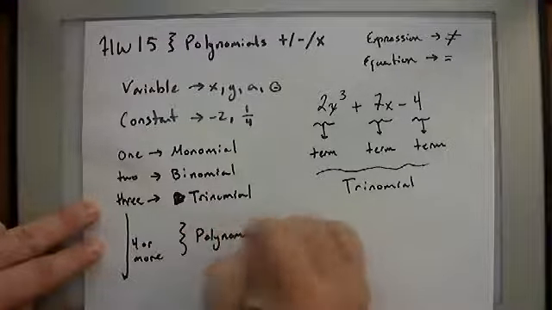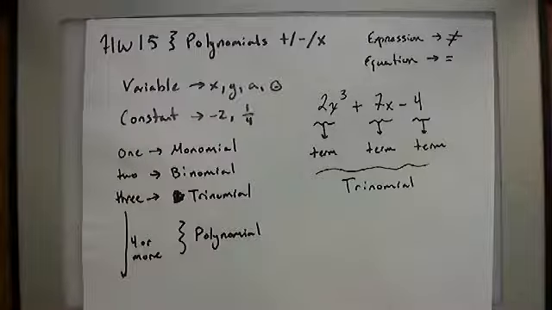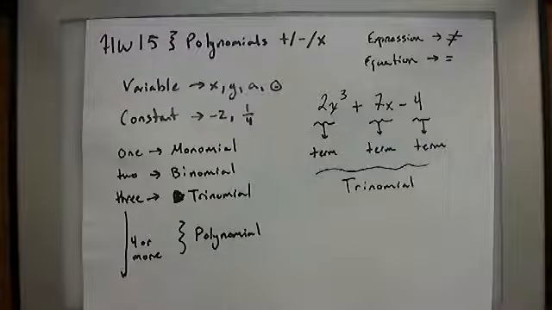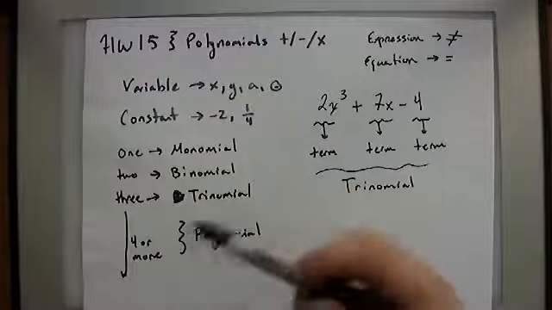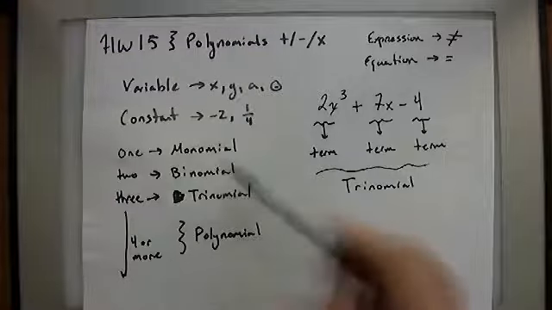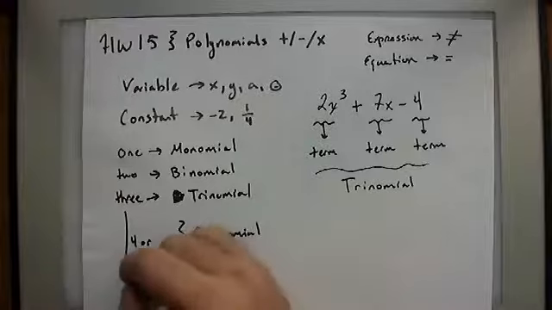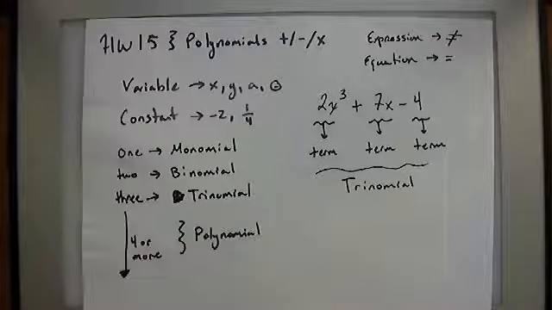Polynomial. So it's just a matter of counting the pieces in the item. If it's 1 piece, it's a monomial. 2 pieces, it's a binomial. If it's 3 pieces, it's a trinomial. If it's anything more than 3, we just generically call it a polynomial. Realize that truly all of these are polynomials, so it's sort of confusing. Every nomial is a polynomial, but strictly speaking, we only call the ones with 4 or more polynomials. So just some vocab there you might want to remember.